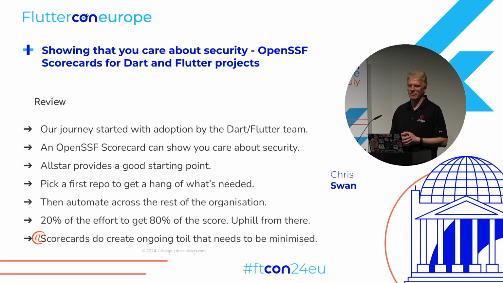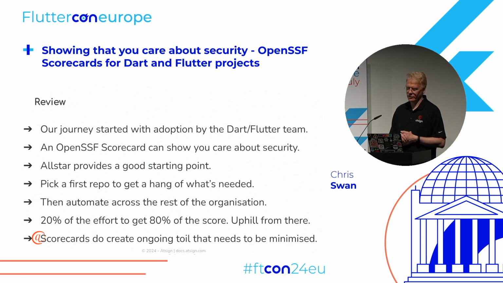So it's relatively straightforward to get to that point. It's uphill work from there. Getting from 8 to 9 has been a bunch of work for us over the last year or so. And if you look at what Scorecard itself has done to get to 9.7, they are, by definition, the creators of that stuff. And it shows that getting a 10 out of 10 is really, really hard.